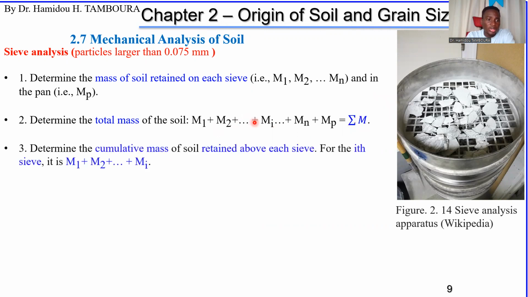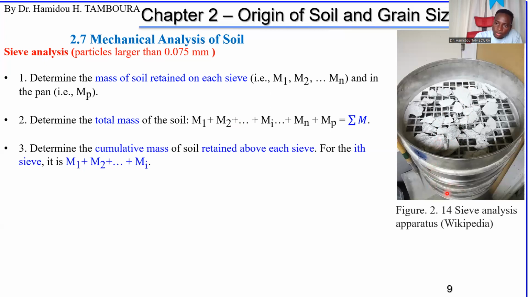Next step, number 3, we can then determine the cumulative mass of soil retained above each sieve. For example, the top one is easy because there is nothing above it. So the cumulative mass is just the mass on it that is weighed.